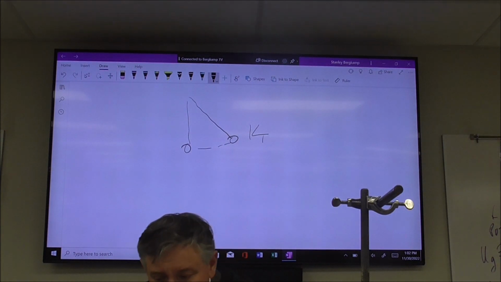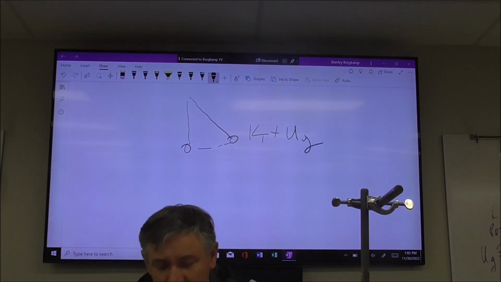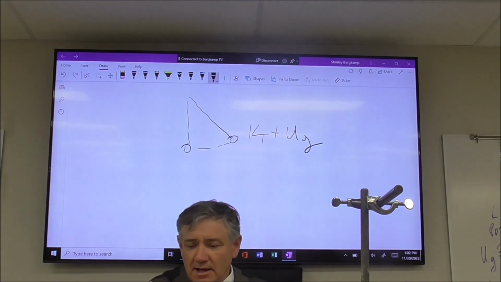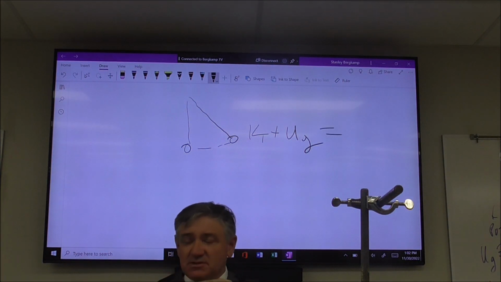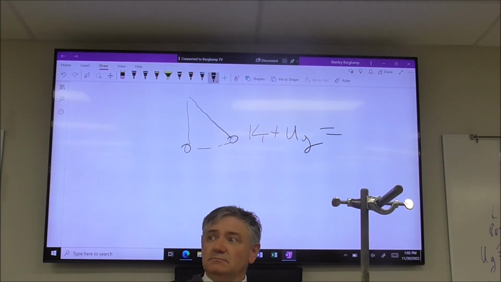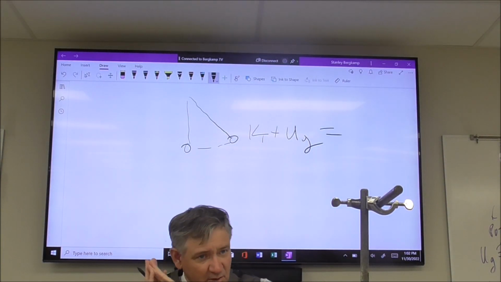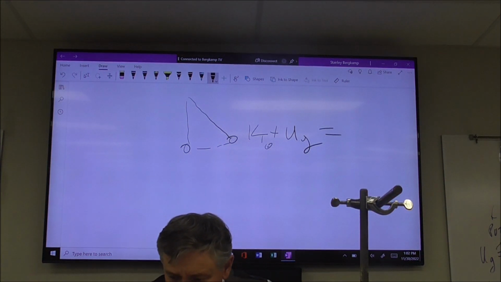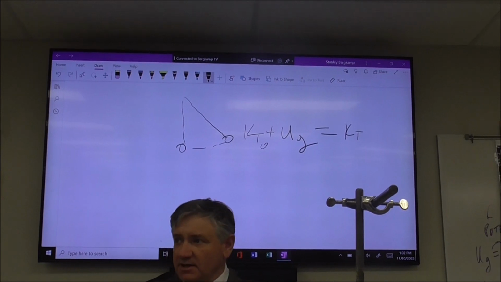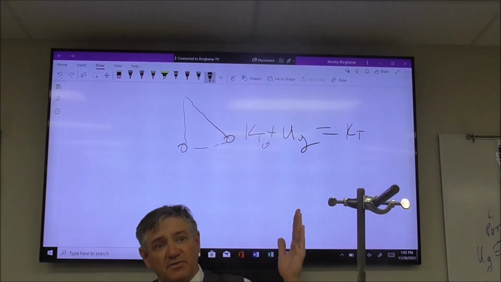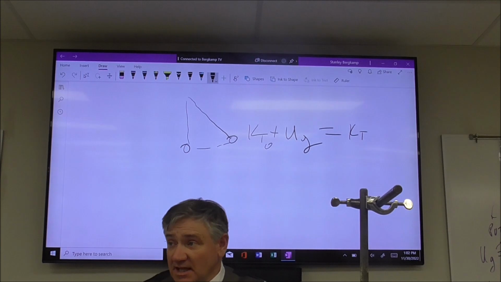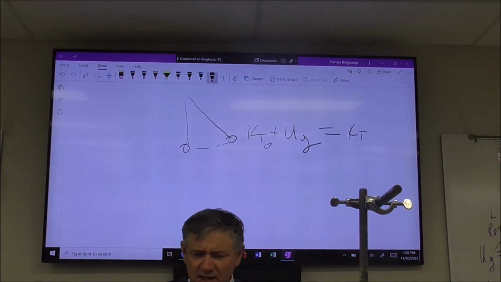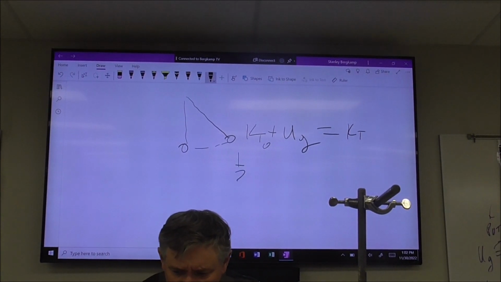And it has some UG because it has room to fall. At the bottom, what's the only type of energy you're going to have? Kinetic. So you can call this K naught, and that's going to be your final kinetic energy. That's the bigger picture I'd like you to be able to see: it has UG, it has some kinetic.